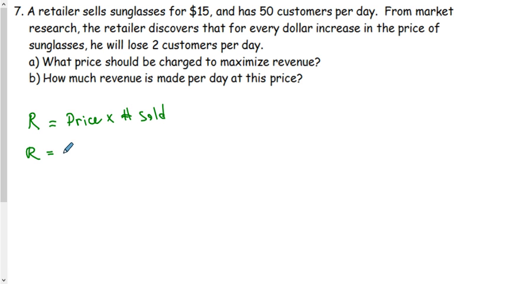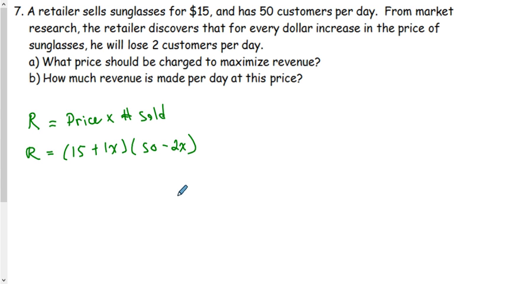The price for a pair of sunglasses is 15 bucks, and the number sold is 50. But we're thinking maybe we'll up the price by x. I'm going to call it 1x just to be really clear, so that would be a $1 increase. For every $1 increase, though, we're going to lose 2 sales.